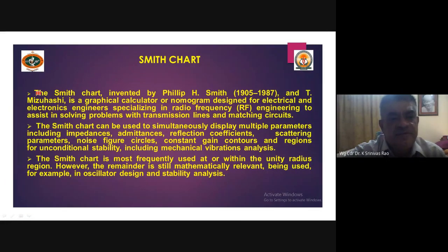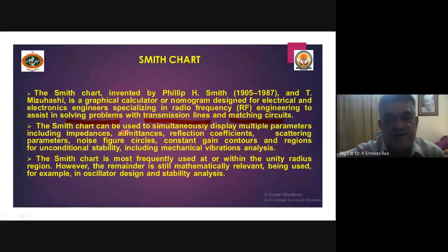So the Smith chart is used for radio frequency engineering to assist in solving problems with transmission lines and matching circuits. This is very important: the transmission line and the matching circuits. You can solve problems related to radio frequency engineering, that is microwave engineering or RF engineering, very easily.